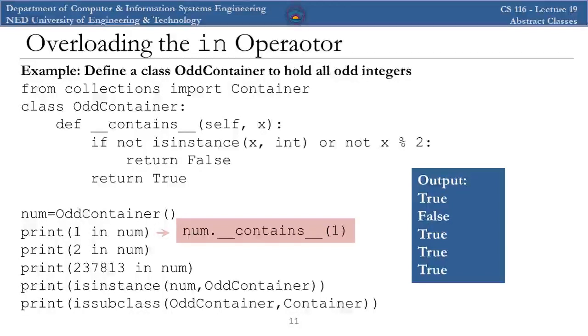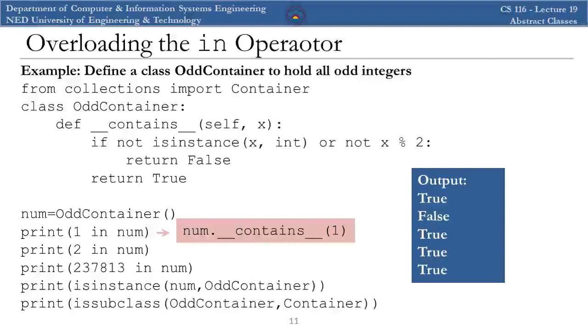The Container class had only one method, that is __contains__, and my class is implementing that method, and it is behaving like any other class which inherits from Container, because any class that inherits from Container has to implement this method. So I'm implementing this method. That means I'm acting like a class which is actually a subclass of Container.